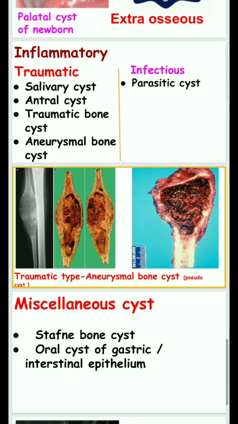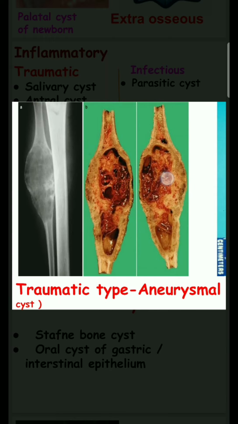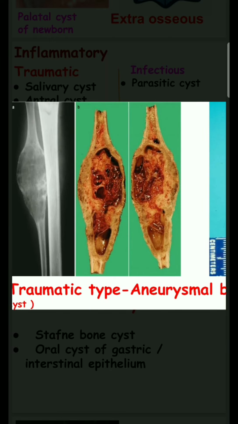This cyst does not contain lining epithelium, so it is also called a pseudocyst. Once again, wherever a fracture happens, it leads to leakage of blood, but the blood can't leak out completely. As a result, bony materials form and are filled with blood, leading to the formation of the aneurysmal cyst. It is called a pseudocyst.